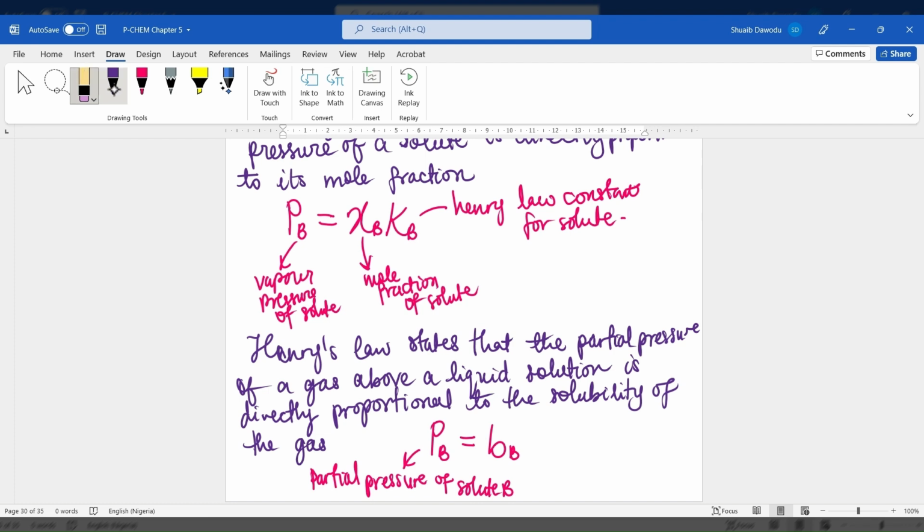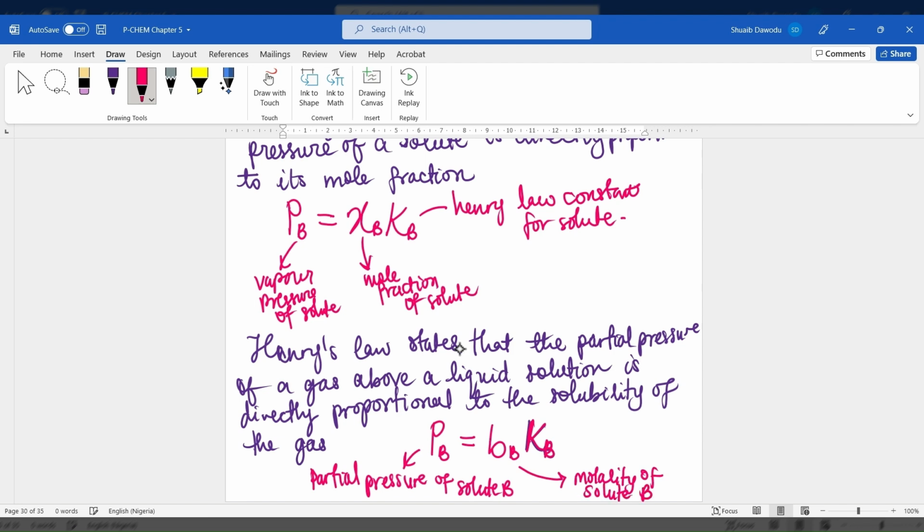P sub B is equal to b sub B multiplied by K sub B. Like I explained, P sub B is the partial pressure of solute B, and b sub B is just the molality of solute B.